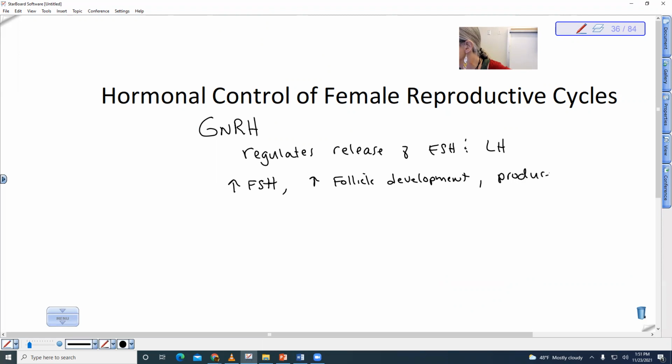So they produce small amounts of estrogen, and these small amounts of estrogen have a negative feedback on FSH.